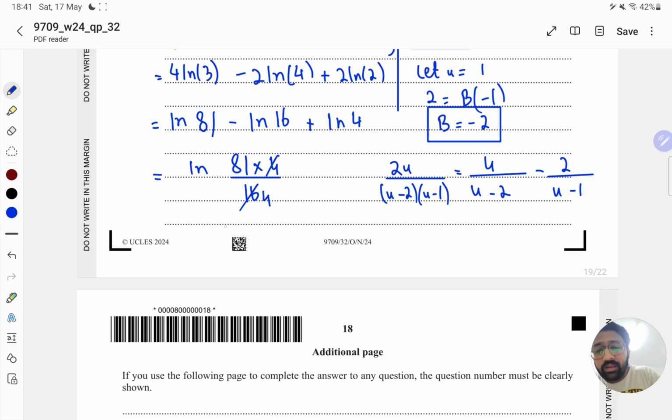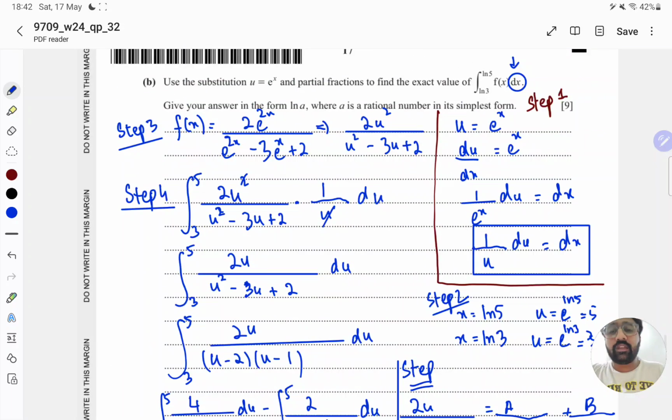If you simplify, the final answer will be ln of 81 divided by 4. So this is the answer.